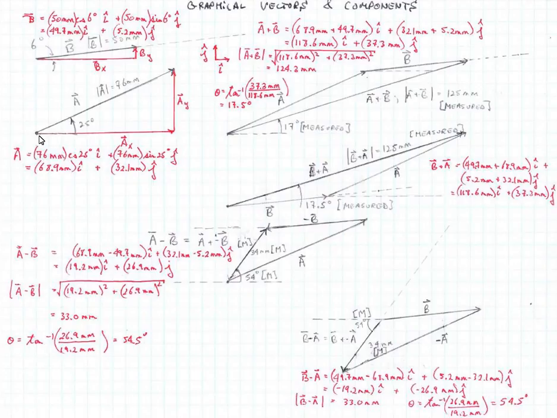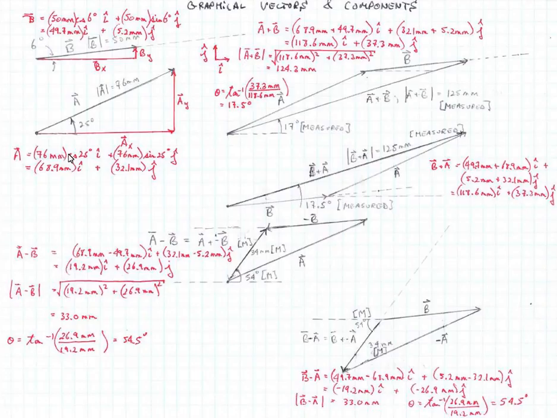A vector is this vector, which I can express as 76 millimeters cosine 25 times I hat, I hat being the unit vector in the positive x direction, plus A vector, the sum of these two vectors is A vector, and A vector, AY, is 76 millimeters times the sine of 25 times J hat. J hat is the unit vector in the y direction.